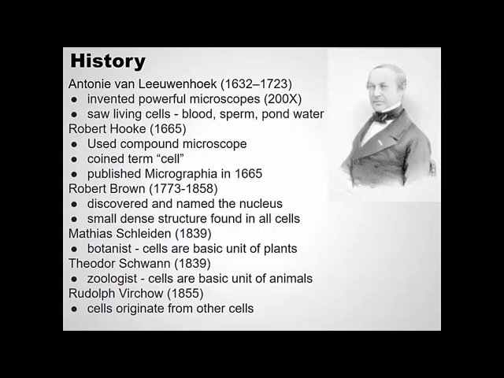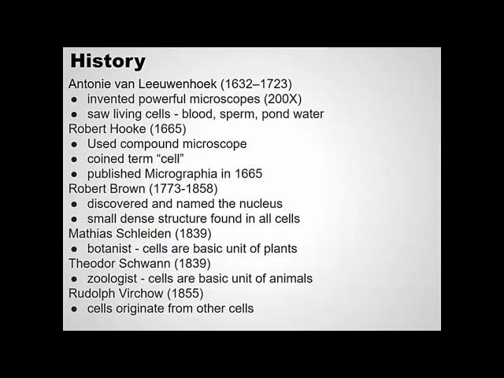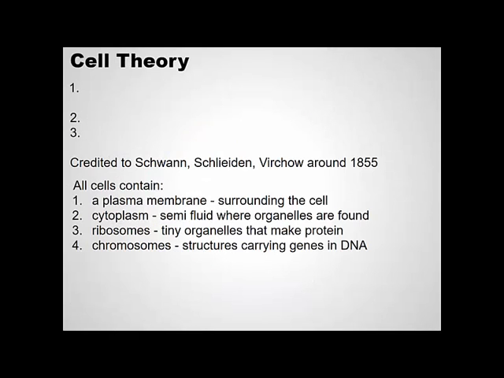That they didn't just sort of crystallize like other scientists thought, but that they were actually products of cells reproducing. And so when you put all that together, what you get is the cell theory that had been established around 1855, sort of an overarching idea about cells that these scientists built over the years.